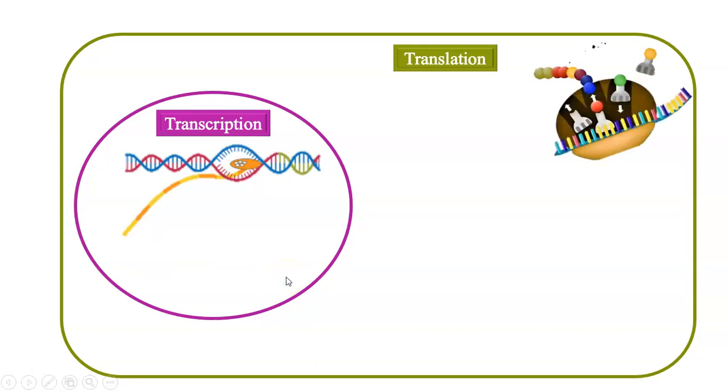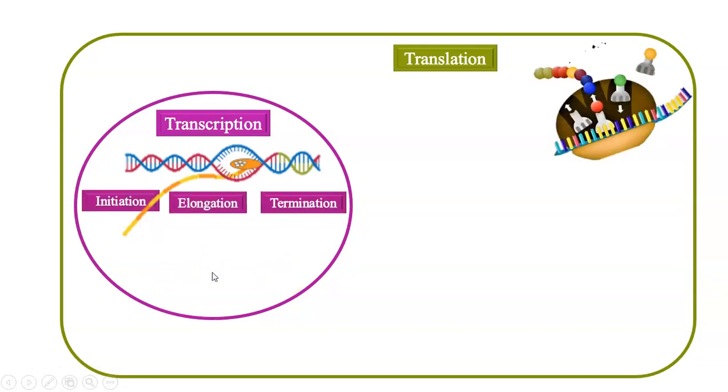Three steps are involved in that: initiation, elongation and termination. After termination, maturation of the primary transcript takes place and it becomes messenger RNA. That processing or maturation occurs in three steps: capping, splicing and tailing.